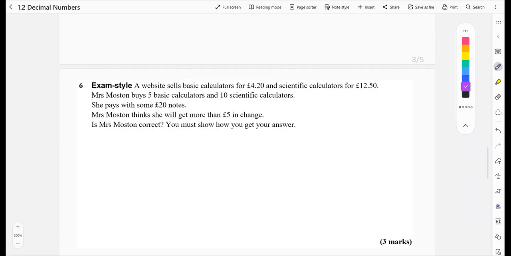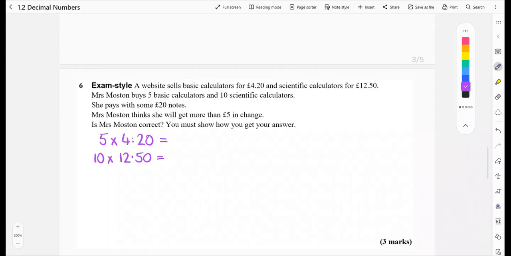So let's start off by writing down what she has bought. She has bought 5 of the basic calculators, which cost £4.20. And she bought 10 times £12.50 for the scientific calculators. So let's do those calculations.